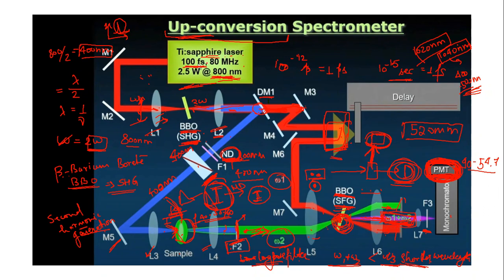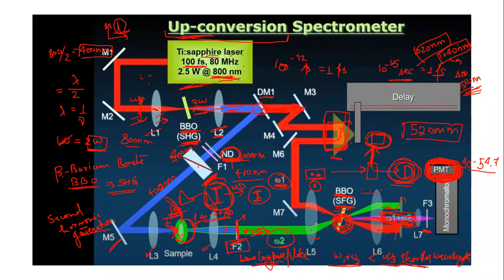If you see right from the starting, light of frequency omega is converted to 2 omega. Again when you pass this light through the sample, it emits light which has a still higher frequency, say omega 2. Initially what was omega is considered here as omega 1.